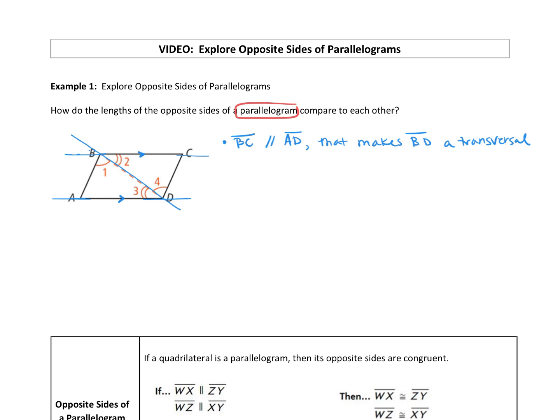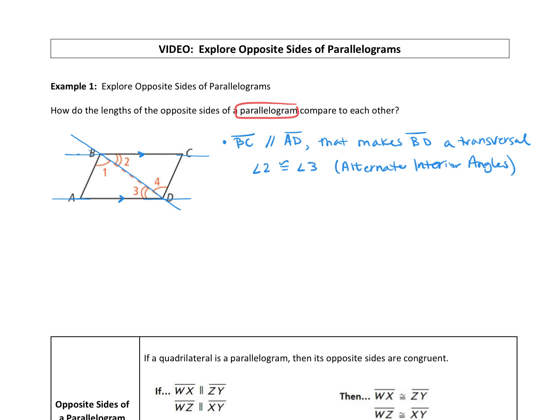And that angle pair is going to be congruent. Those are alternate interior angles. They are interior, inside of your parallel lines, and they are on alternate sides of that transversal. So we know that angle 2 will be congruent to angle 3 because they are alternate interior angles.